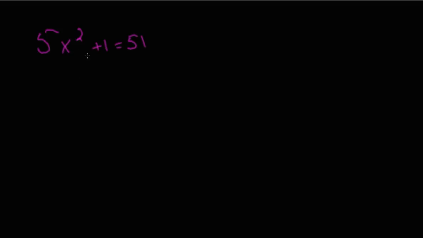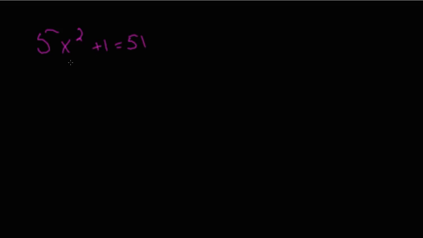What you need to do, just like any other algebra problem with an unknown, is isolate your unknowns, in this case your x squared, on one side of the equal sign, and your knowns, your constants, on the other side of the equal sign. So you can solve for your unknown by setting it equal to the known quantity.